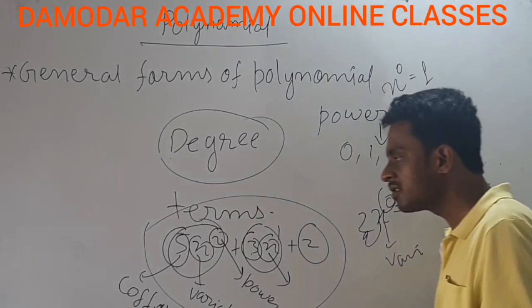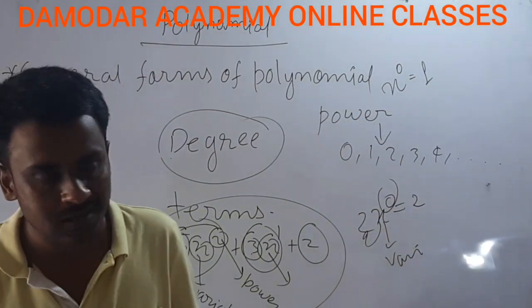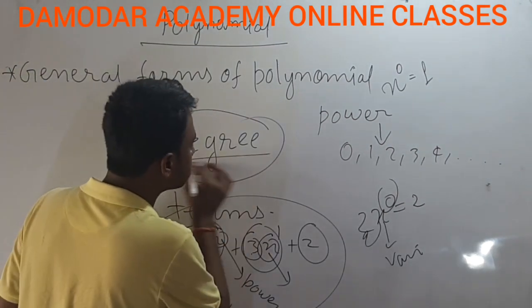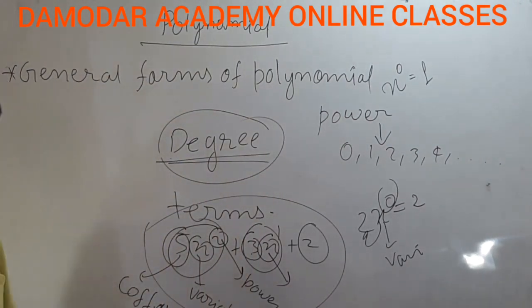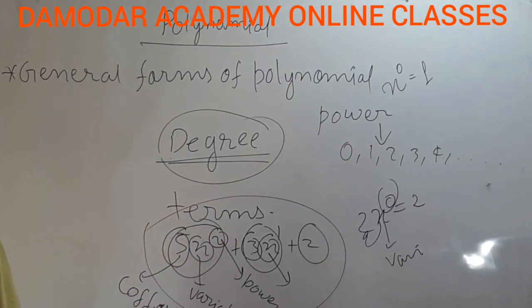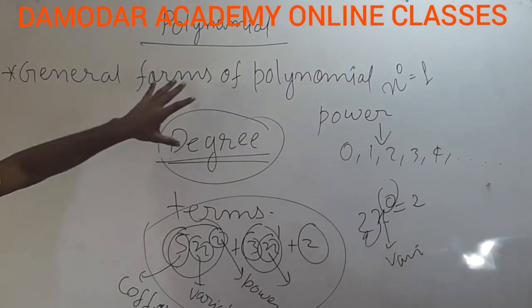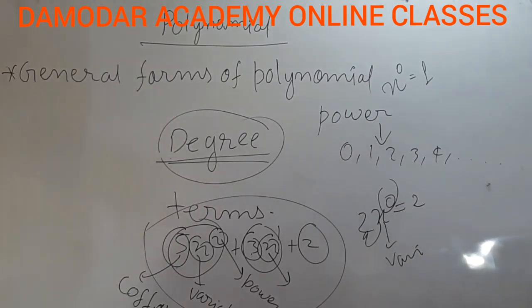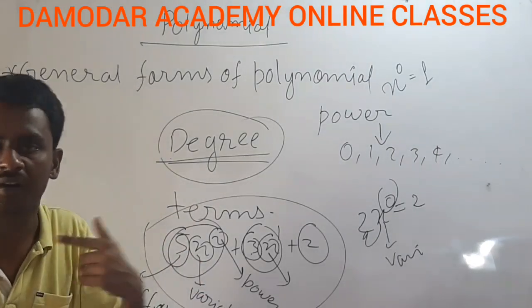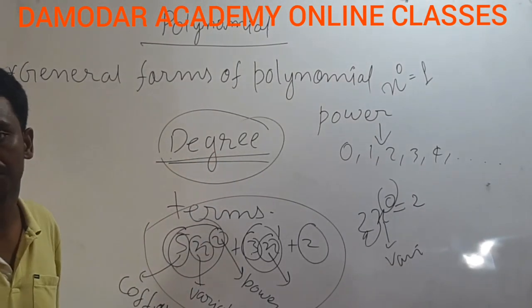All these things we already studied in the previous class. In this class, what do we study? The degree. Degree is nothing but, in an algebraic expression or for a polynomial, the highest power is called degree.